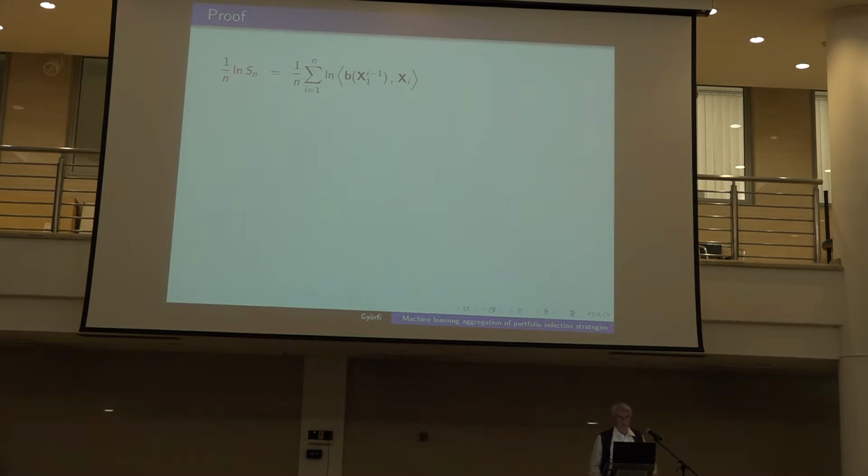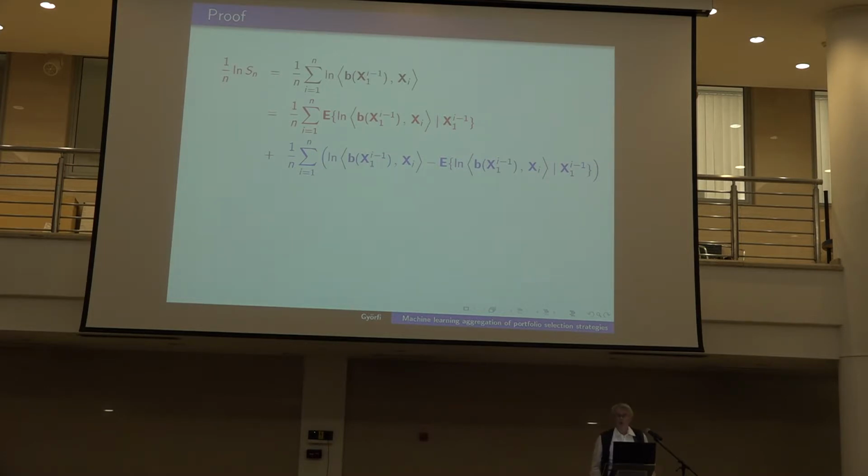As before, this red average is the average of log return for an arbitrary strategy. And I make a telescope of the red average with the conditional expectation and subtract it. Why do this telescope?